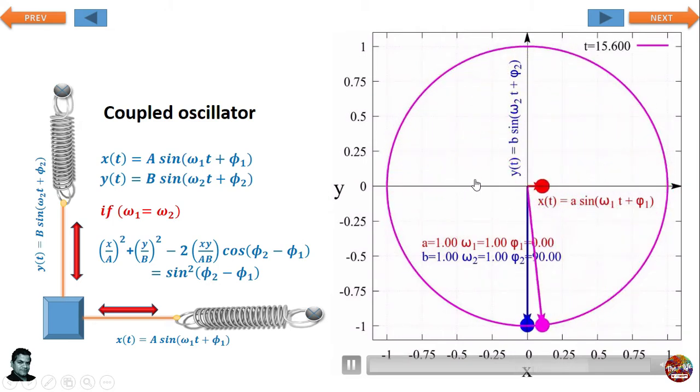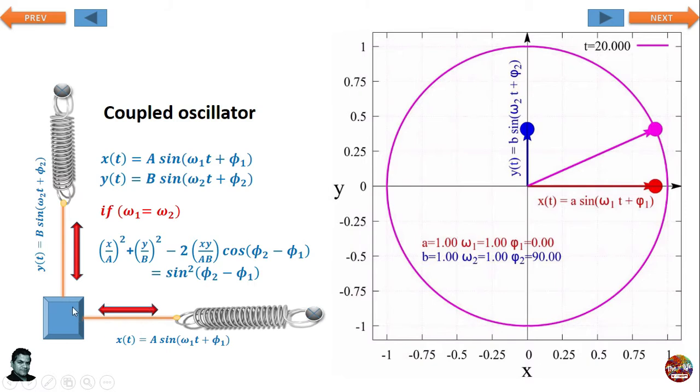So these are like harmonic oscillators independent of each other. If the mass is only attached to the vertical spring, then the movement of this mass would be represented by the movement of this blue dot, and if the mass is attached to the horizontal spring only, then its movement would be depicted by this red dot in the horizontal direction.